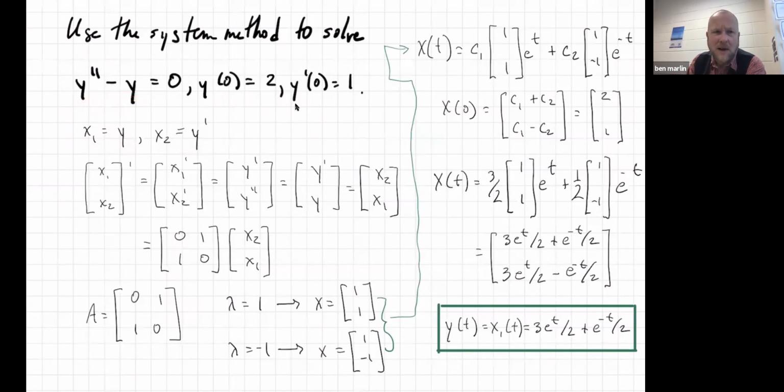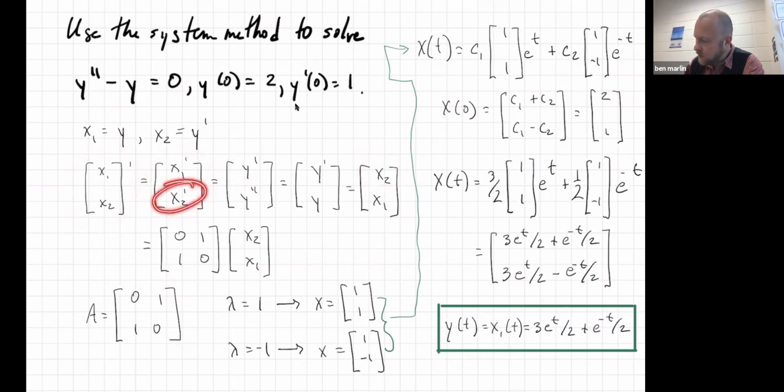Not really hard to do. y double prime turns out to be equal to y, okay? So when I write my system here and take its derivative, I just take the derivative of each entry, and x1 prime is really y prime, and y prime is x2.